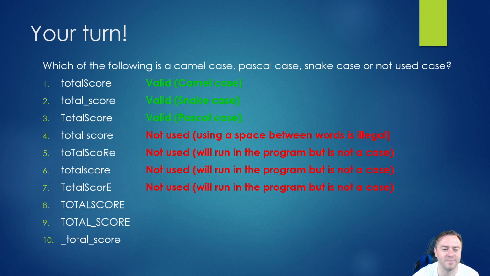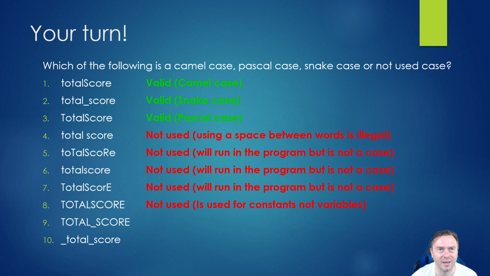The next one is actually not used. It's not a particular case, but it's used when we do constants. Constants are things in memory that will never change. For example, if we're scoring a game and you had to get to 10 points, that might have a variable called final score, right? We write that all in capital letters because we don't want that to ever change.